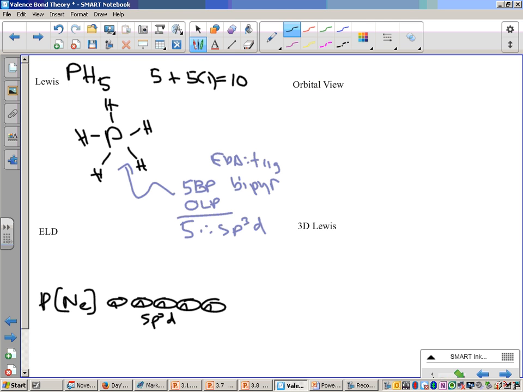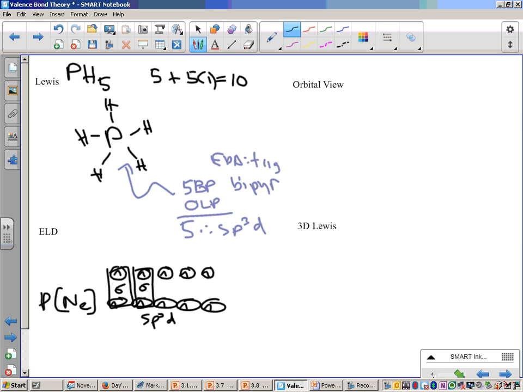And now I'm going to attach 5 hydrogens to them with sigma bonds. 5 of them. And if I'm not writing that little H in there, this is exactly how I'm going to do it. I'm going to just put a whole bunch of s orbitals in here, and so these are all H's.